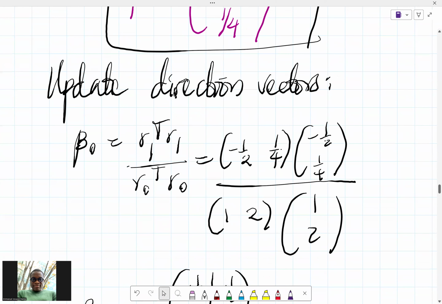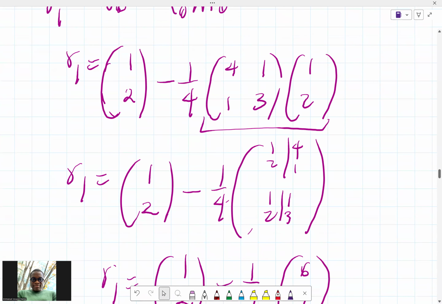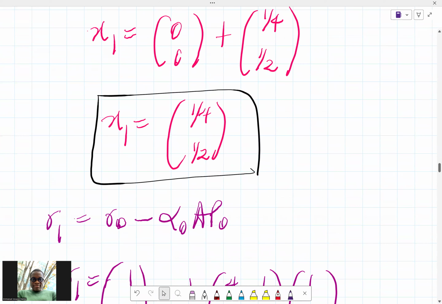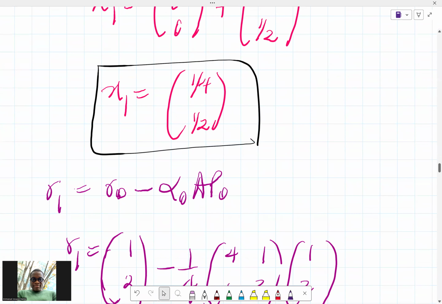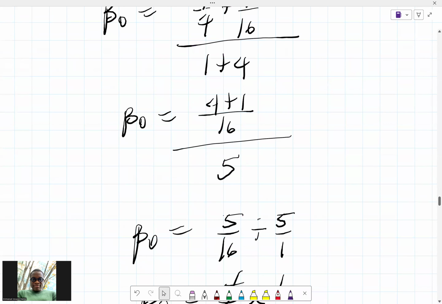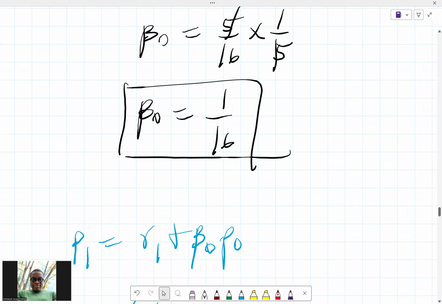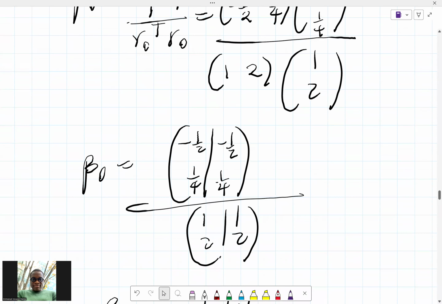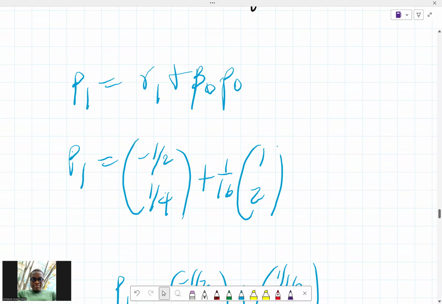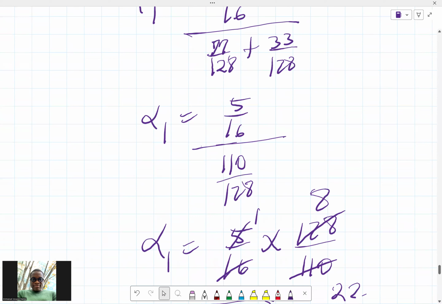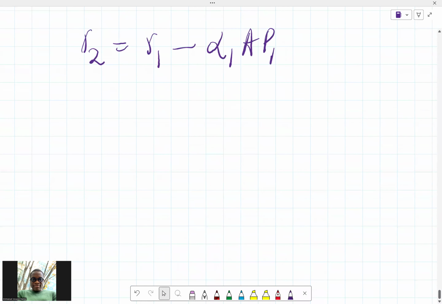That's looking good. So R2 is R1 minus alpha 1 AP1. So R1 is minus half, 1 over 4.